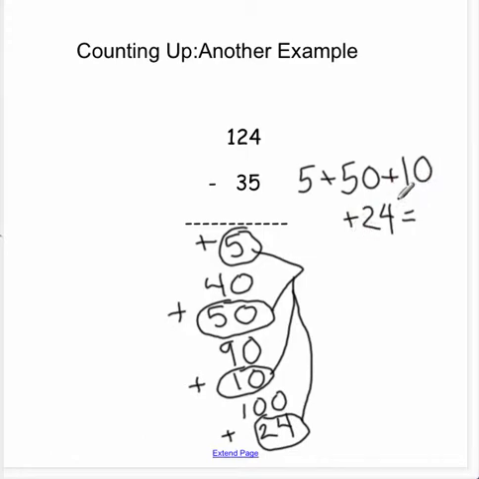I'm going to add 24. That brings me to 70, 80, 84. And now I'm going to add 5, and that will give me an answer of 89. And I'm going to circle it because that is my answer to this problem. So 124 minus 35 gives me an answer of 89.